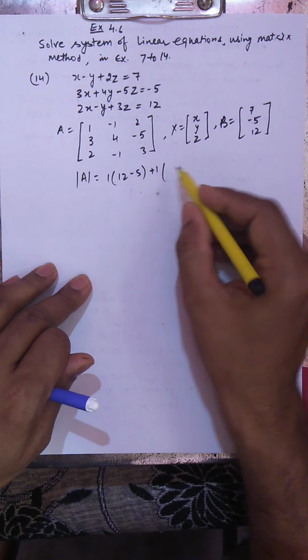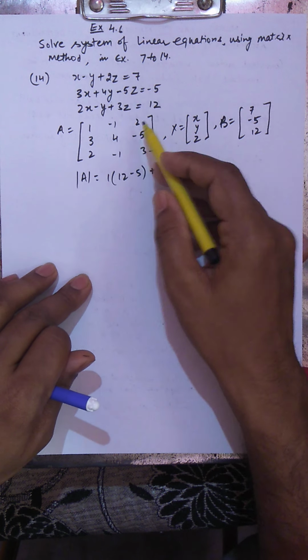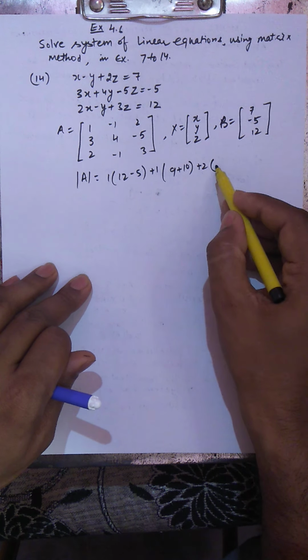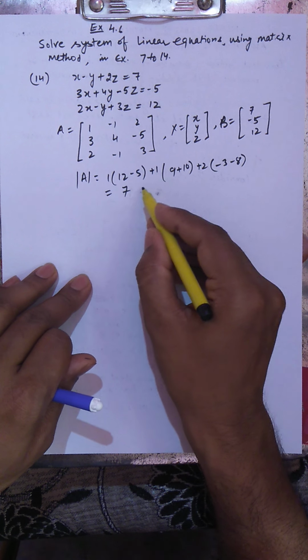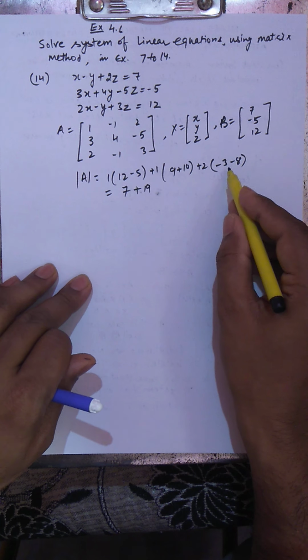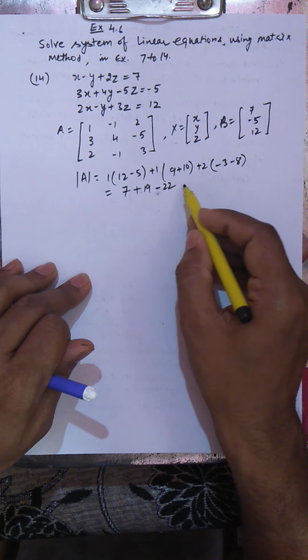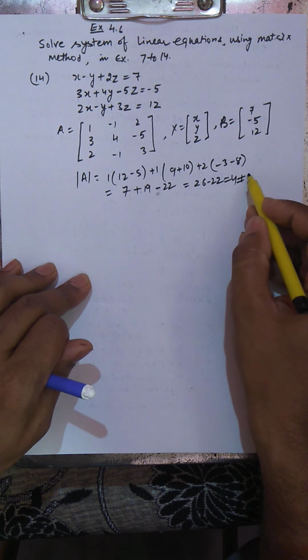We open: 3 3s are 9 and 5 2s are 10, and this 2 plus 2, this 3 minus 3, and this minus 8. So this is 7, and this is 19, and this is 3 and 8 is 11, and 11 into 2 is 22. So this is 26 minus 22, this is 4, which is not equal to 0.